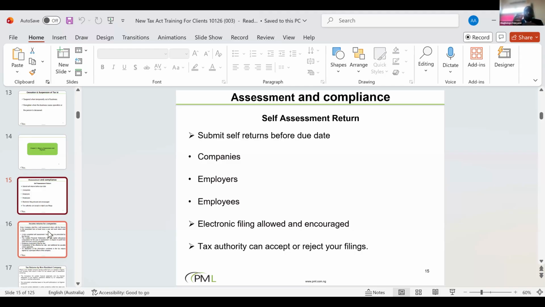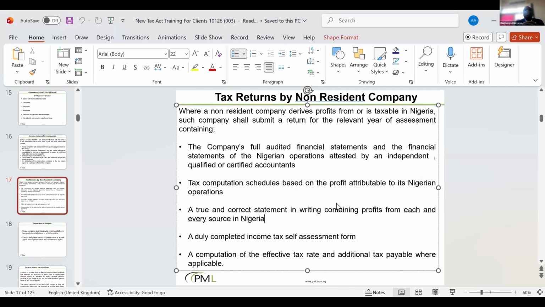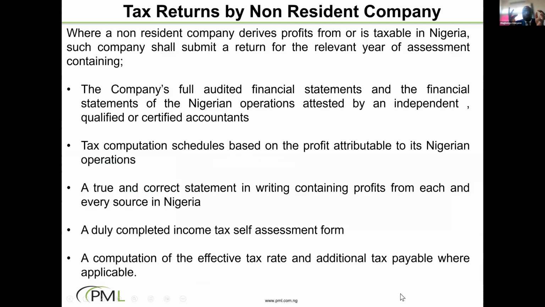We know that prior to now, a non-resident company doing transactions in Nigeria just paid withholding tax, a final tax on the revenue it had in this country.